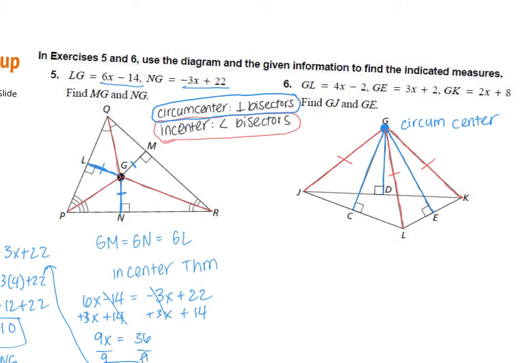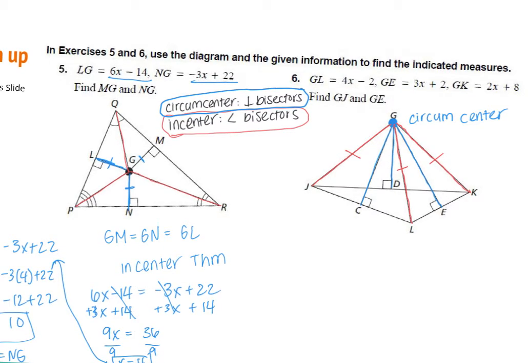So this one says that GL is 4x minus 2, GE is 3x plus 5, and GK is 2x plus 8. Which two are we going to set equal to each other? GL, GE, or GK?